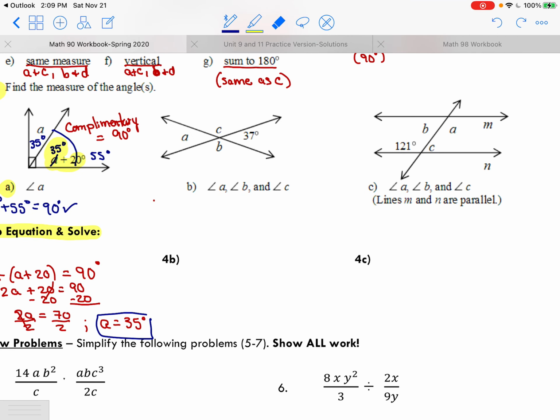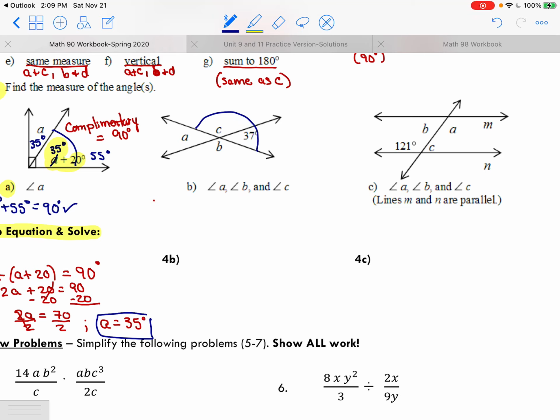All right, let's take a look at B. So in B, we have a lot going on here, and I like this question because it shows that sometimes you have choices in the relationship or identity that you choose. For example, in this question, obviously we're supposed to solve for angles A, B, and C. You could use the idea of supplementary angles, couldn't you?